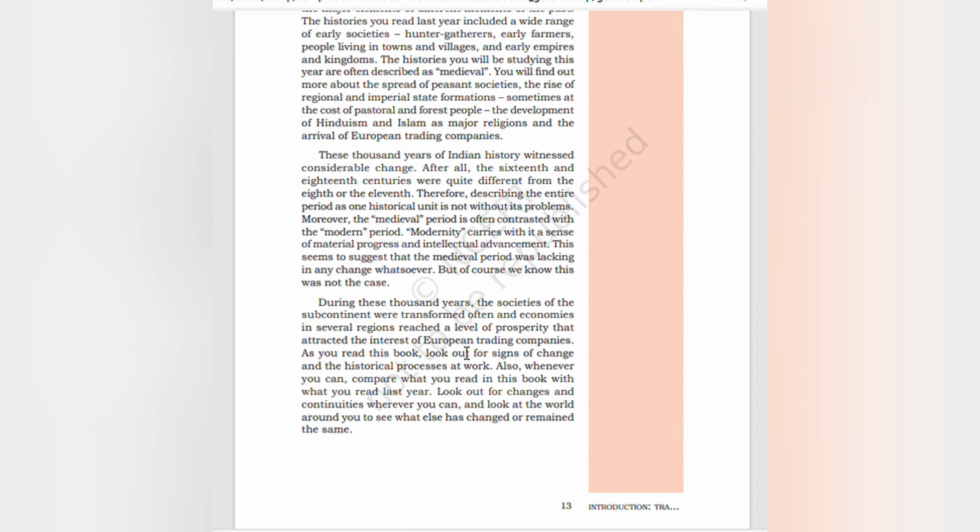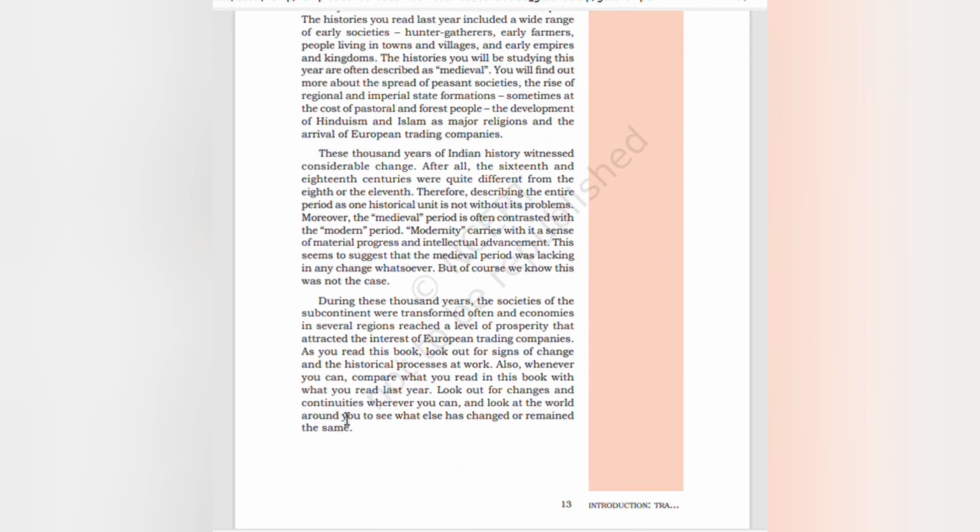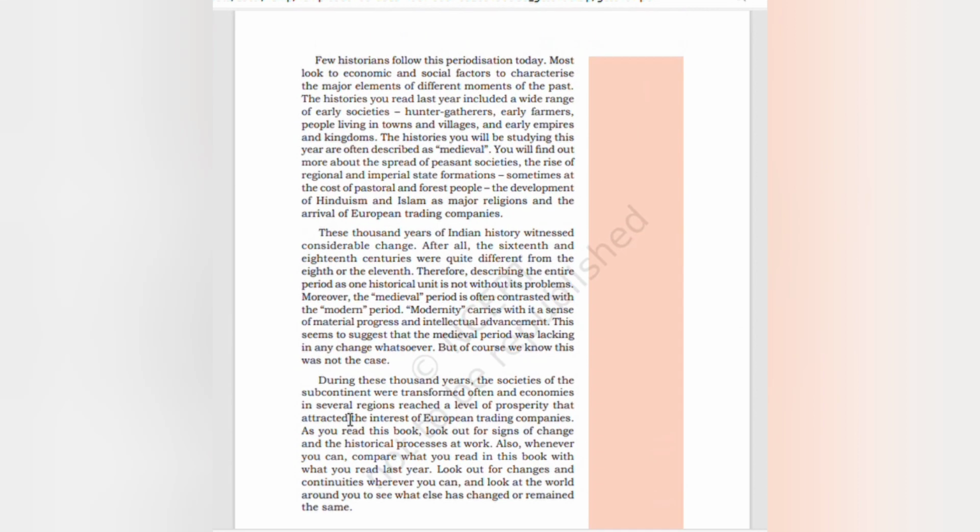As you read this book, look out for signs of change and the historical process at work. Also, whenever you can, compare what you read in this book with what you read last year, look out for the changes and continuities, and look at the world around you to see what else has changed or remained the same. So that's all about this chapter.